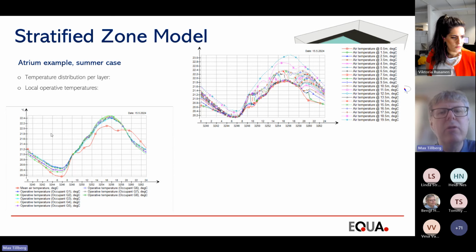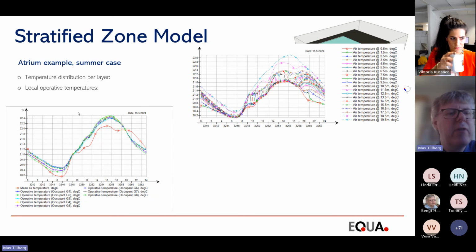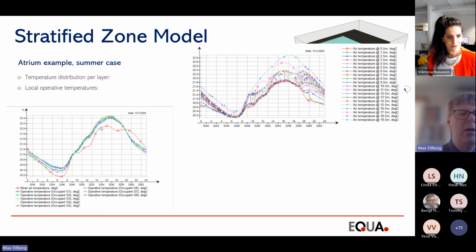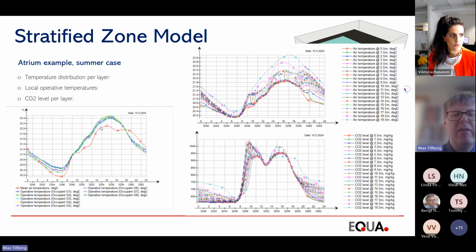And this is, of course, a big thing. So here is the operative temperature in various positions, and we see it's extremely homogeneous. The red one is the air temperature. And the reason that it's so homogeneous is that we have an efficient solar shading. So the radiant temperature is roughly the same.